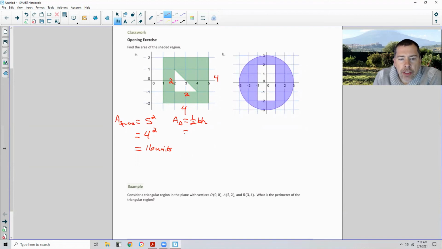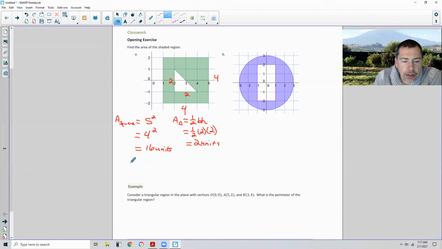So the area of a triangle is 1/2 the base, which is 2, times the height, which is 2. Okay, well, half of 2 times 2, or half of 2 is 1, and 1 times 2 is 2. So the area of the triangle is 2. Or you could say 2 times 2 is 4, and half of 4 is 2. So this is 2 units.